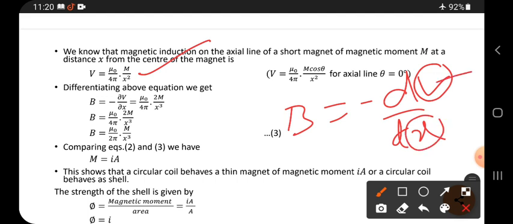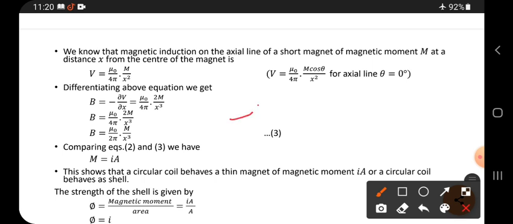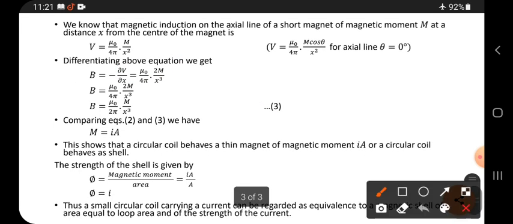Mu naught, m and 4 pi are constants, only 1 by x square is differentiable. 1 by x square gives minus 2 by x cube. Already minus is there, so minus becomes plus. That is why mu naught by 4 pi into 2m by x cube. Let it be equation 3.